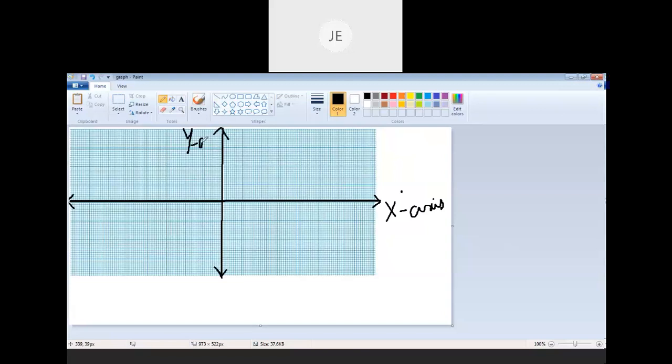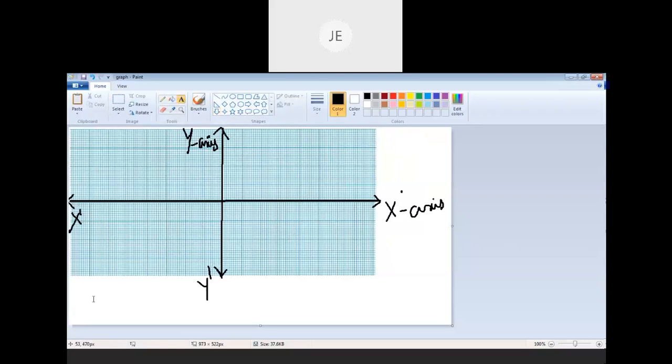The other side we call y dash, and the other side x dash. This x axis we call the abscissa, and this y axis we call the ordinate. These are all mathematical terms, and graphs are a mathematical concept.